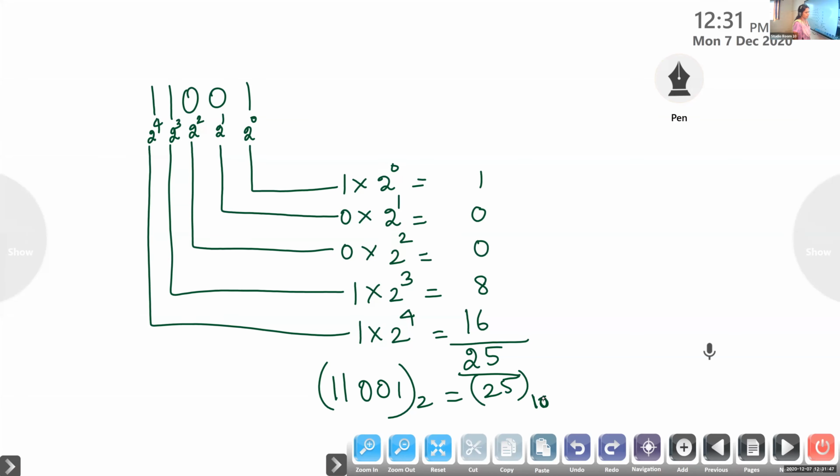Decimal means we can write 10, because 10 different digits are used. Okay, is it okay, Karthik? Yes, ma'am.